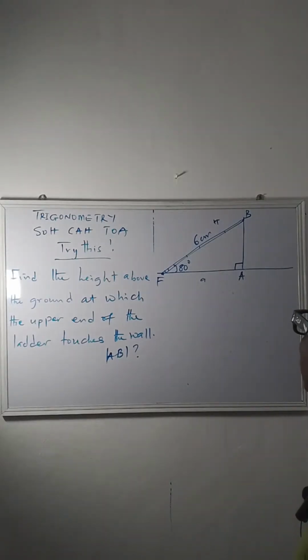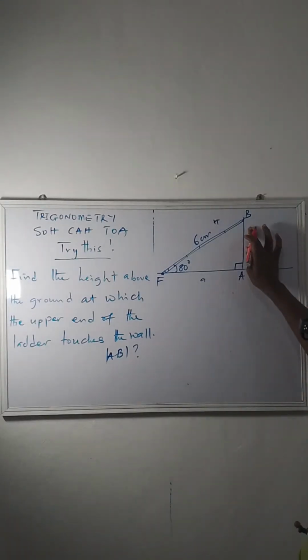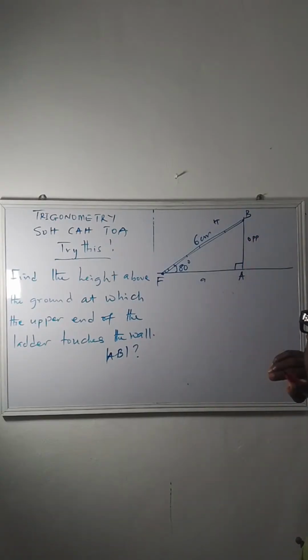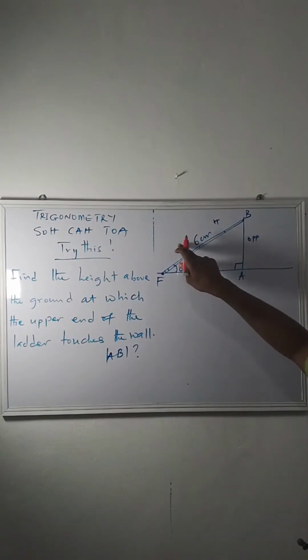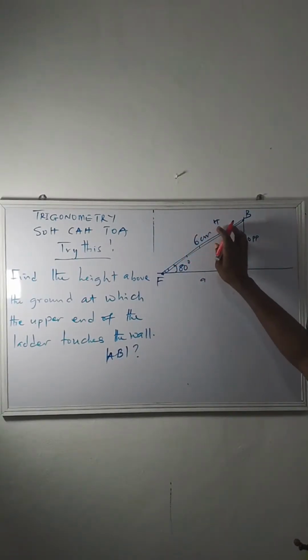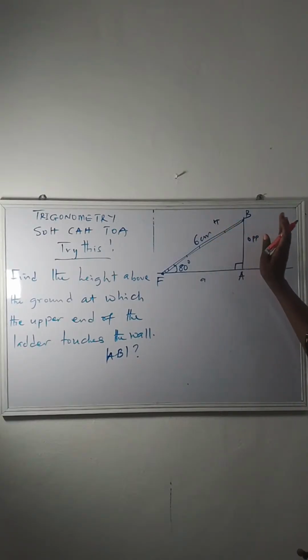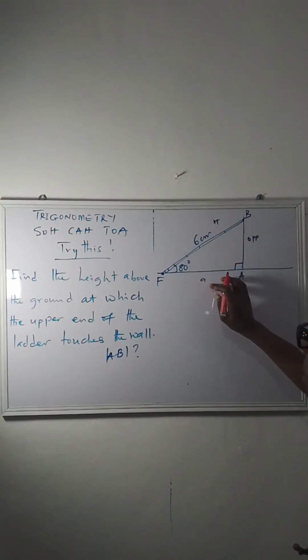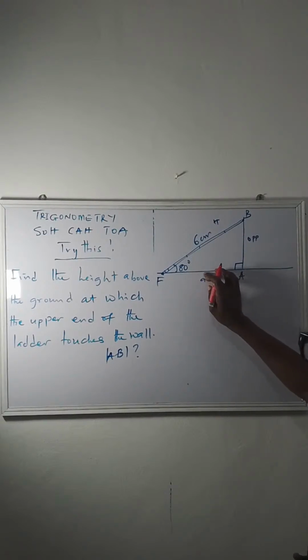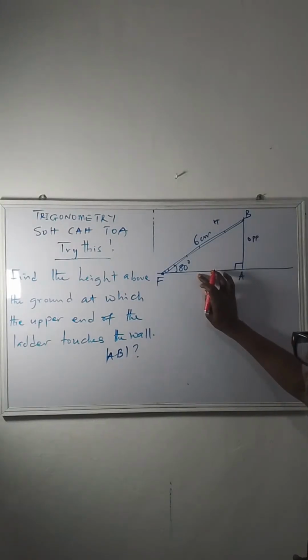Now, look at the side. This side is opposite, and that's what we're actually looking for. The hypotenuse has been given, so I'm going to consider opposite and hypotenuse. I told you in the last example that you shouldn't use values you derived yourself, because you may make a mistake.